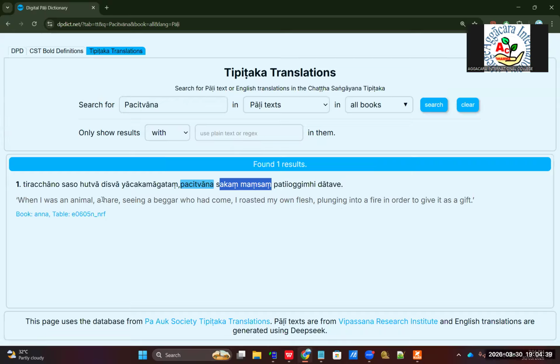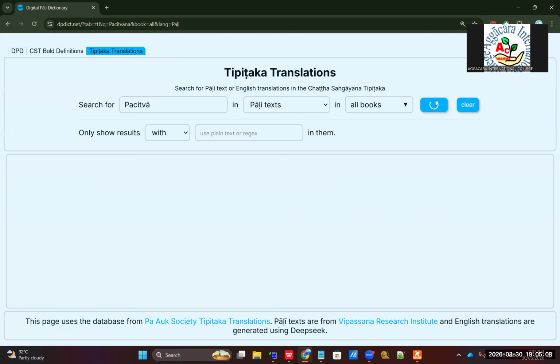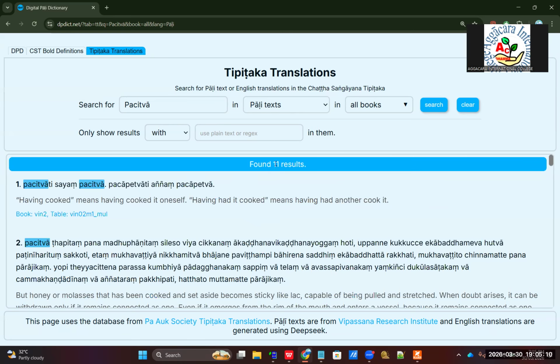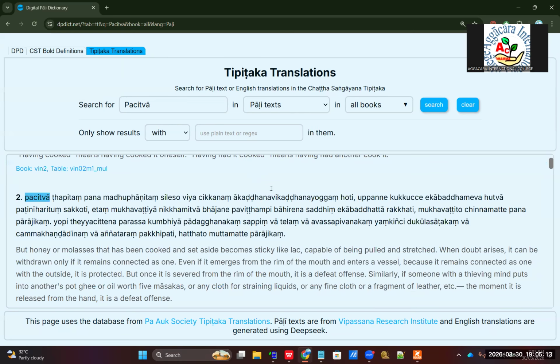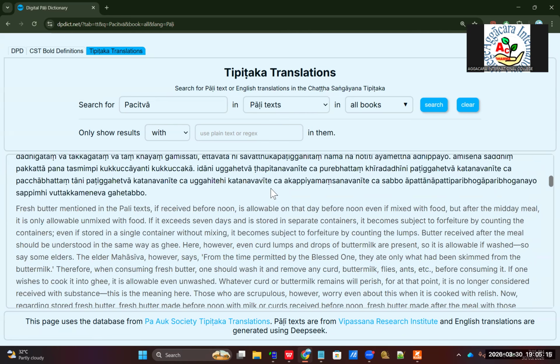This one is, I think, the Bodhisattva. When he was an animal, the hare, he saw a beggar coming, and he jumped into fire in order to give a gift to the beggar. So in the Chinese school, I talk about different kinds of parami. One of the parami for the Bodhisattva is that he needs to sacrifice his life. So you can see pachitvana, one example here. It's only one example, not so common. Pachitva has 11 examples. So pachitva is more common than pachitvana.